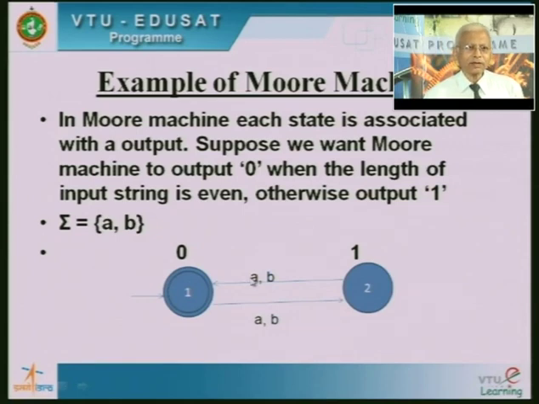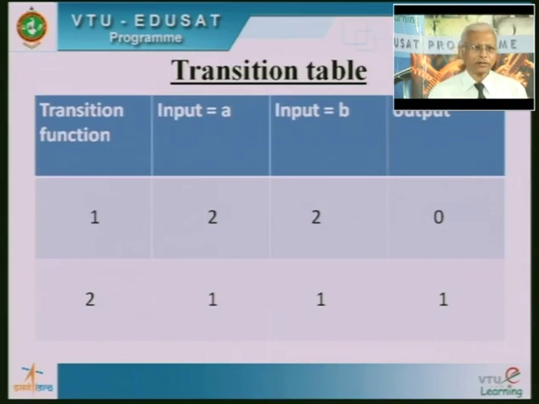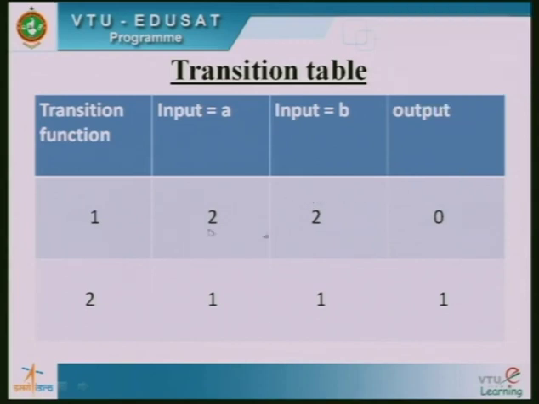Now, the transition diagram for this will be like this. In the transition function, it is in state 1. So, either on A or B it will go to 2. The state 1 is associated with 0, as long as it is in state 1, if epsilon is there or an even number of symbols are there.